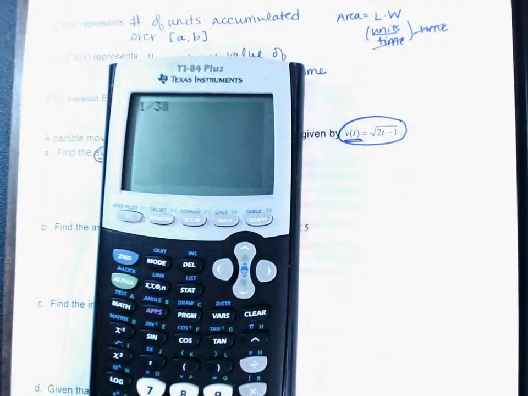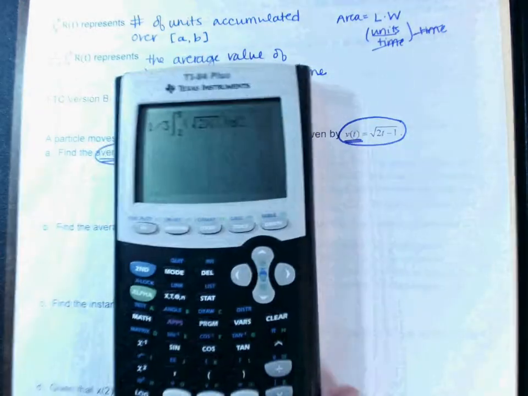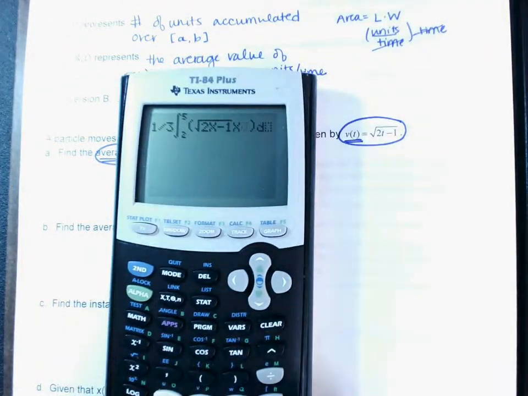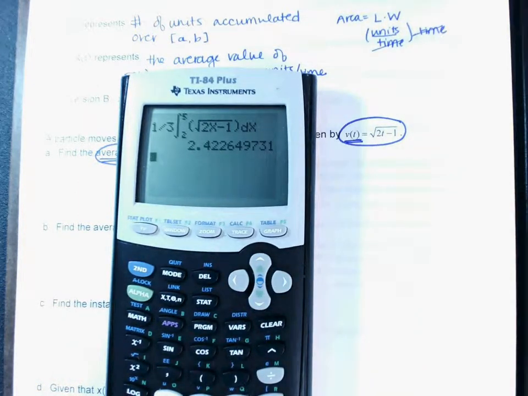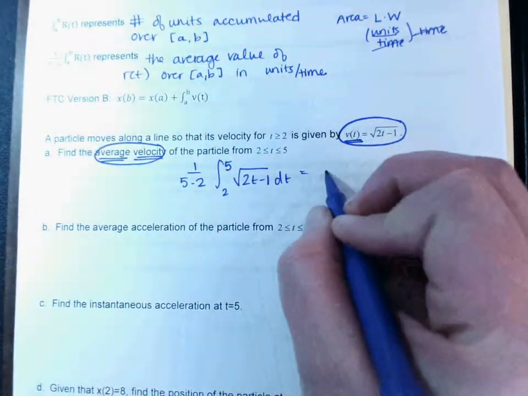Then remember, it's math 9 from there. And then you're going 2 to 5, square root, 2x minus 1. Okay, so the average value on that interval would be about 2.4226.